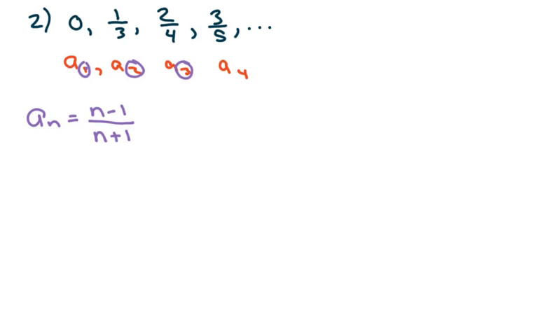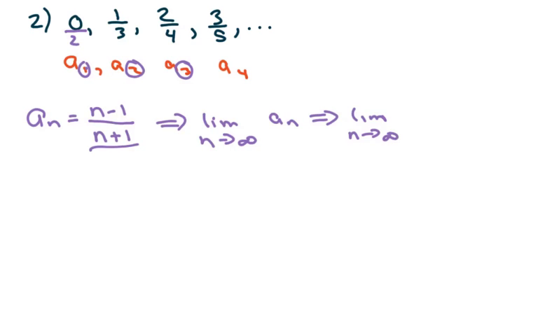And so this first one, this would actually be 0 over 2, which equals 0. So therefore, we're going to take the limit as n approaches infinity of this, or my a sub n. So this is going to be the limit as n approaches infinity of n minus 1 over n plus 1.